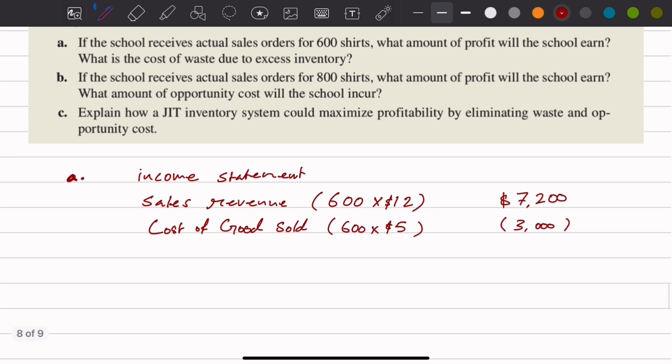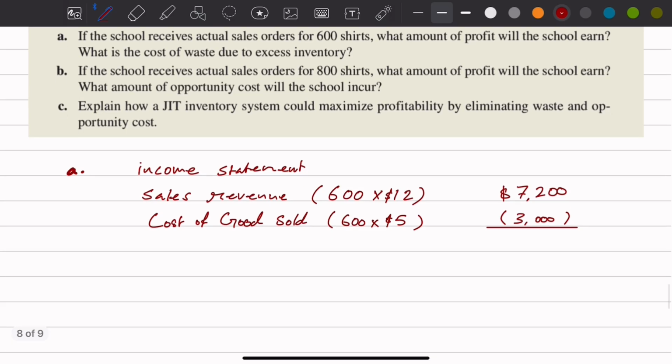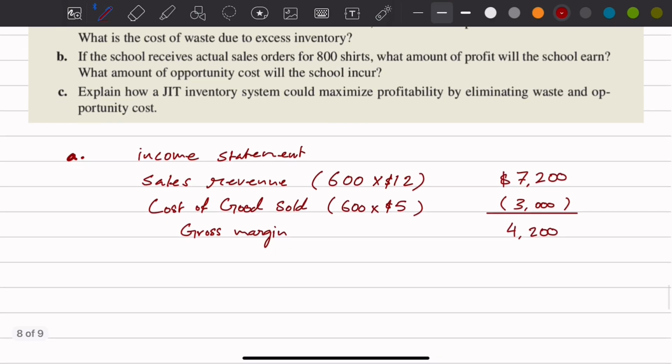Okay. Deducting the cost of goods sold from the sales revenue is going to give us the gross margin, which is going to be $4,200.